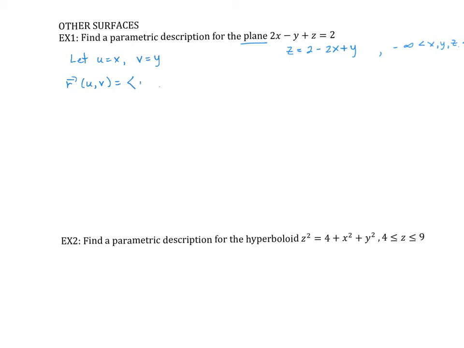So x is simply u, y is simply v, and z is 2 minus 2x plus y, so that's 2 minus 2u plus v. I also have to state that my u and my v vary from negative to positive infinity. Remember, this is not unique.